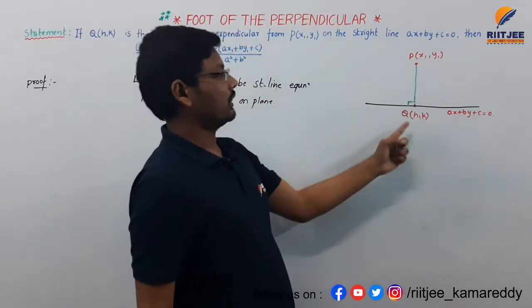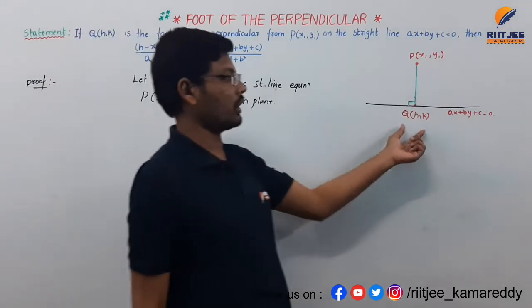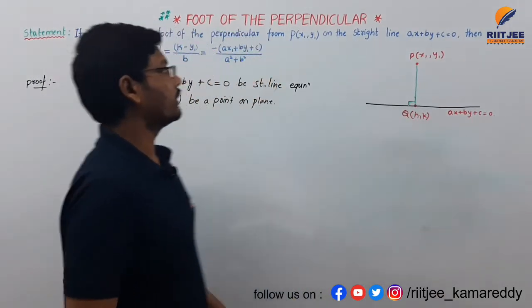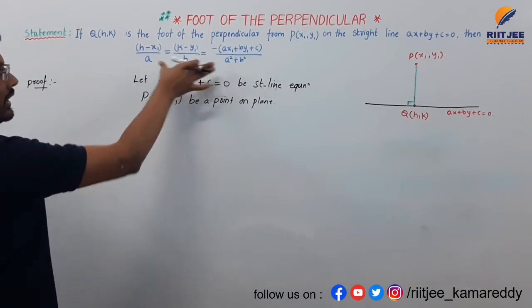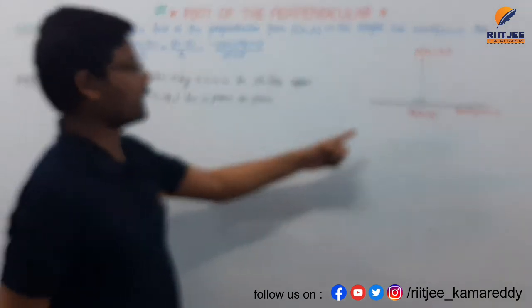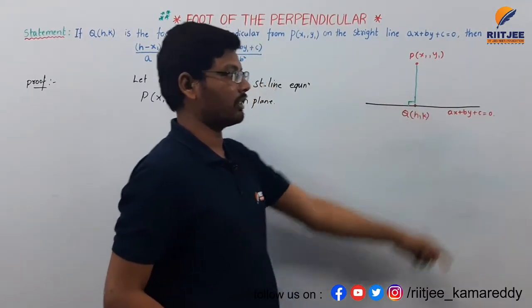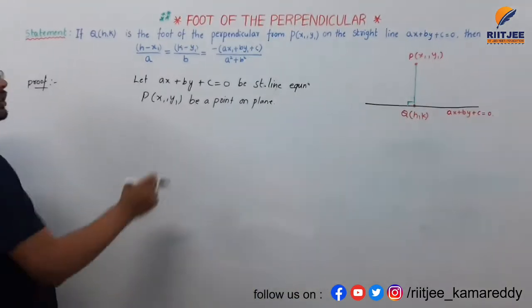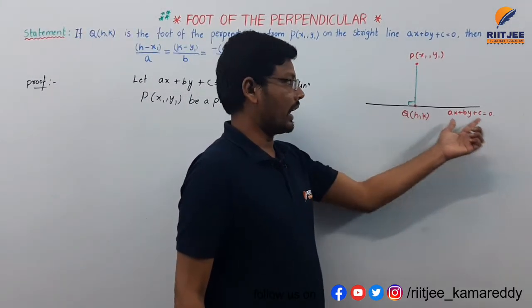And here first of all our assumption is to find Q of h comma k. Here Q of h comma k is the foot of the perpendicular, P is a point, and ax plus by plus c is a line. So for this slope, we have a line and slope.